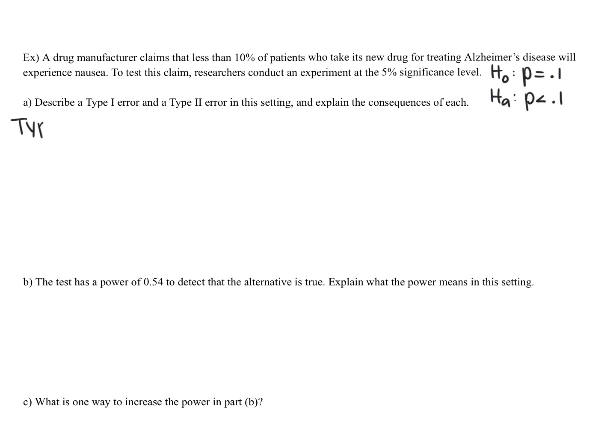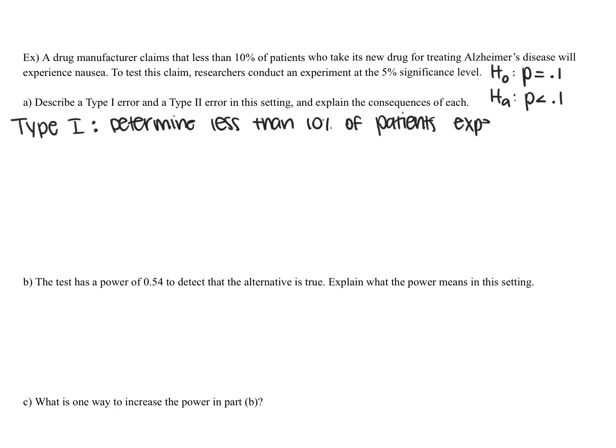So for our type 1 error, we reject when we should have failed to reject. So you determine less than 10% of patients experience nausea when they really don't.